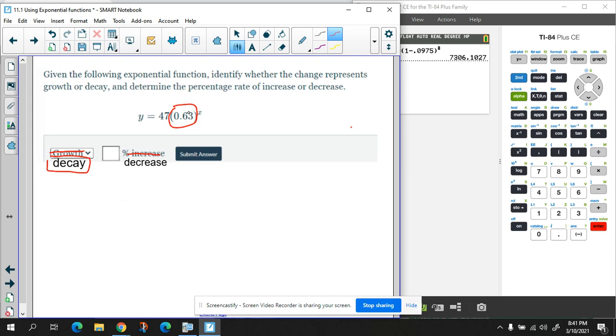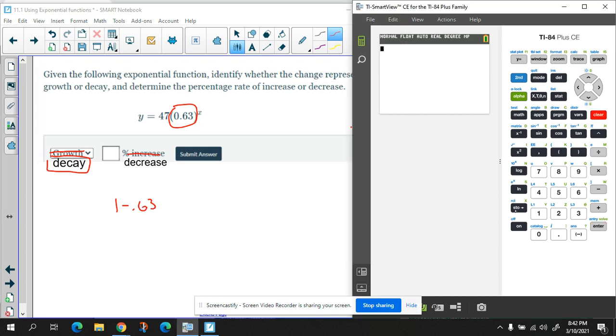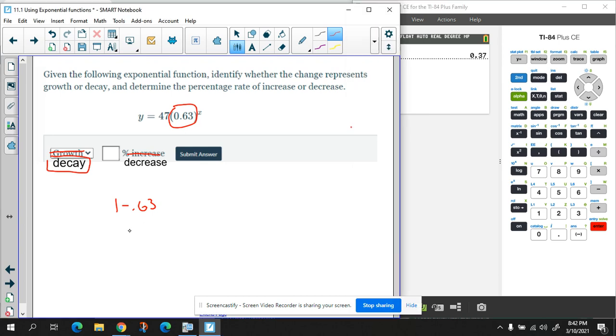So what you need to do is figure out how much lower than 1 did we get. Compare 1 to our number to find out how much lower, how much beneath the 1 did we go. 1, remove 0.63 is 0.37 lower. One more time, that's the decimal. We want the percent decrease for 37% there.